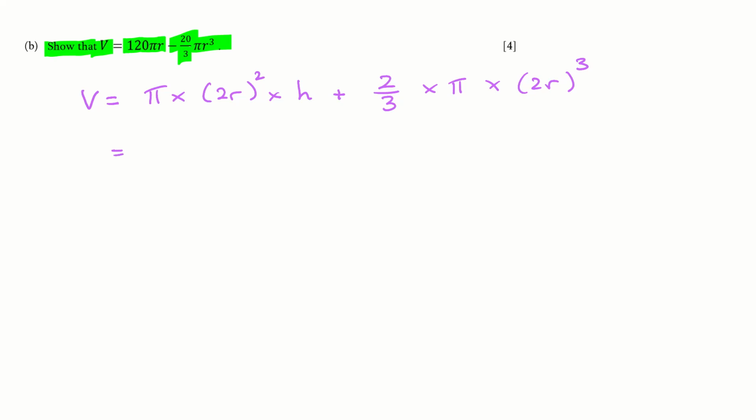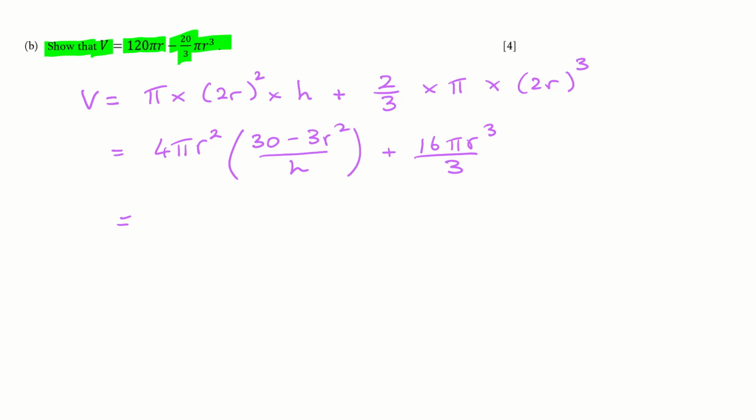So that is going to give me 4 pi r squared times h, which I'm going to write as 30 minus 3r squared on r from the first part of the question, plus 16 pi r cubed upon 3.